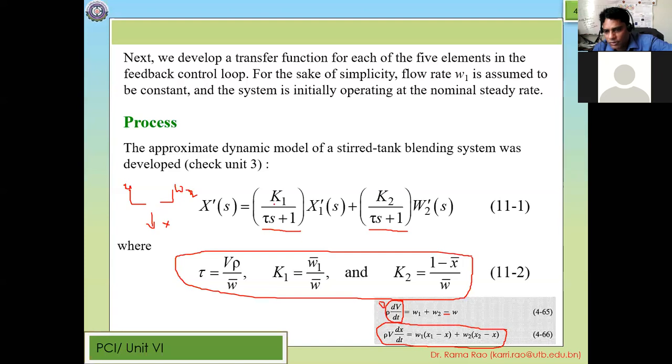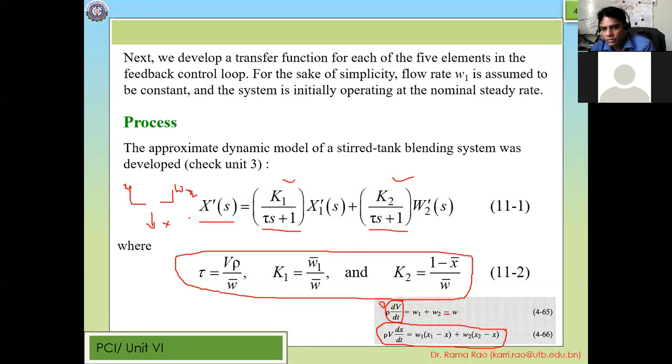We already did it, so I'm not focusing much on that. What we see is that the output X dash, the deviation variable, is first order with respect to X1 dash and first order with respect to W2 dash. That means stream 1 and stream 2 are both first order in terms of the output X.